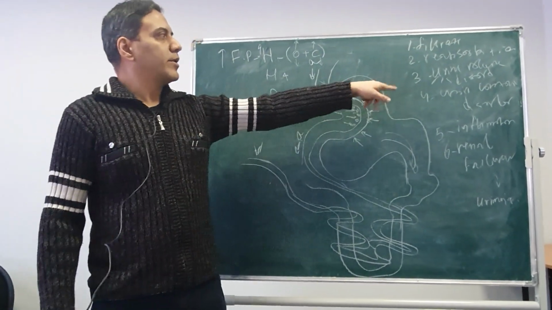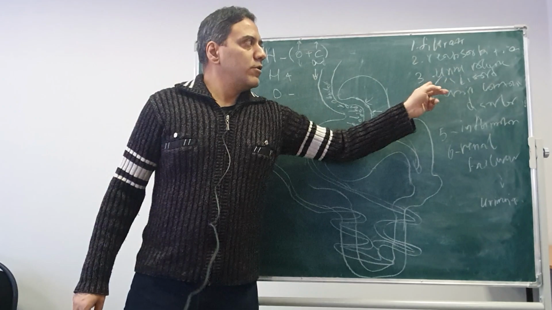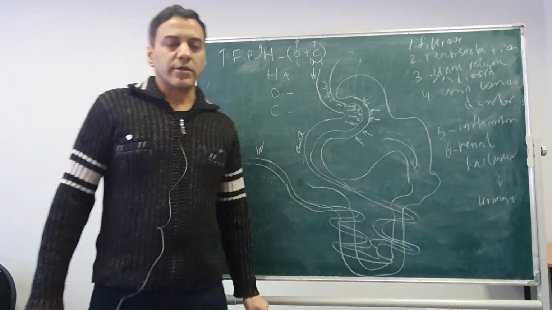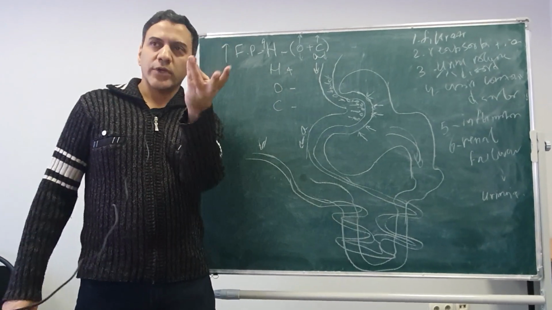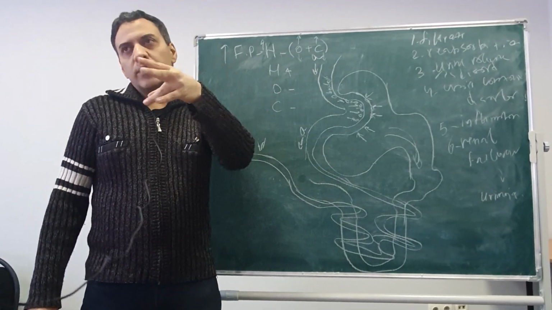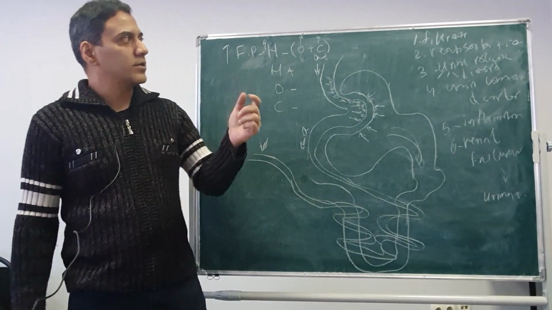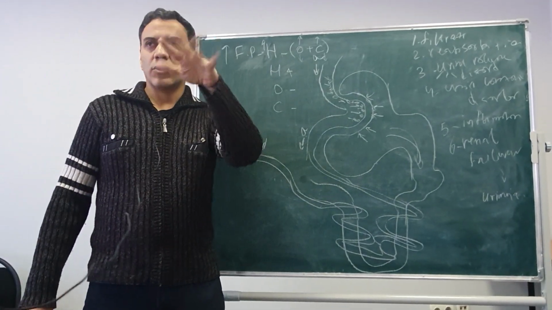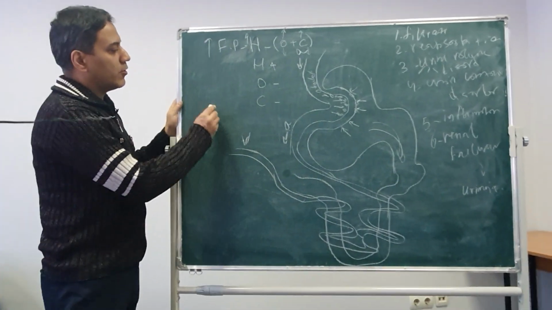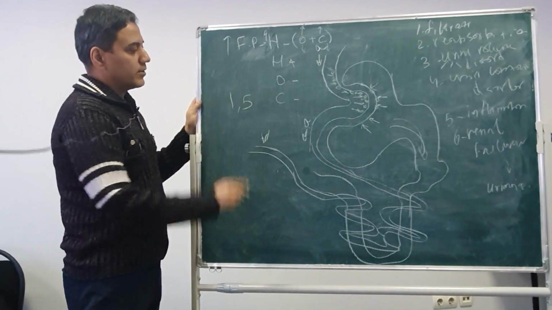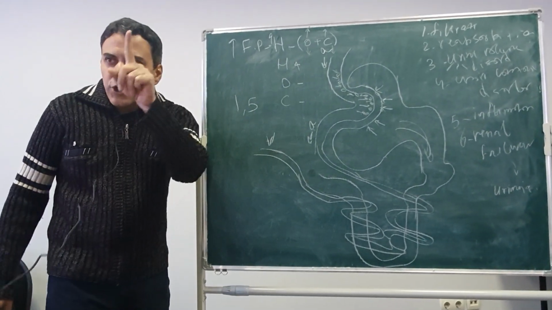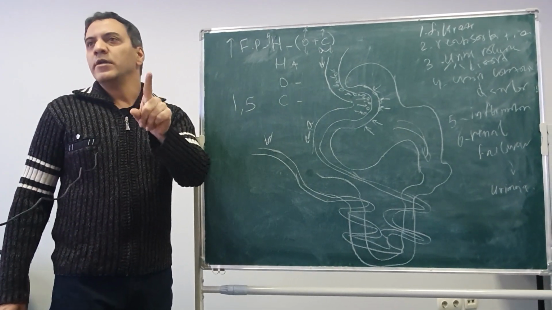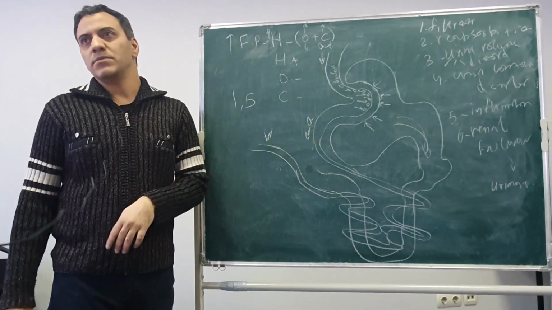Next our point, urine volume disorder. There are 3 pathologies: polyuria, oliguria, and anuria. Polyuria: normally daily urination, how much? About 1.5 liters, when the primary urine is about 180 liters.